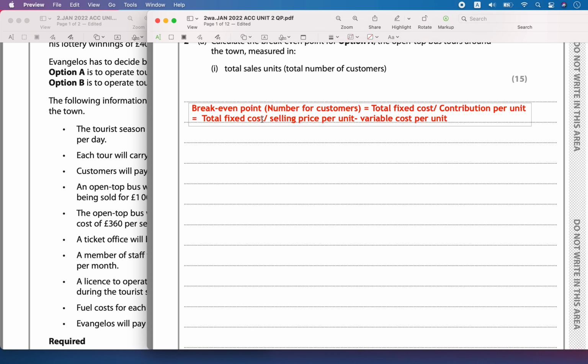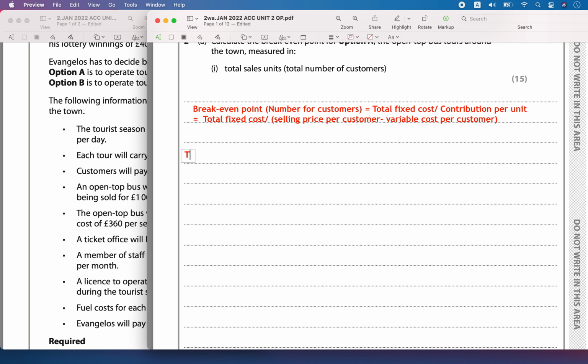This is the general formula. So the total fixed cost incurred divided by the selling price per customer minus the variable cost per customer will give you the break-even point.